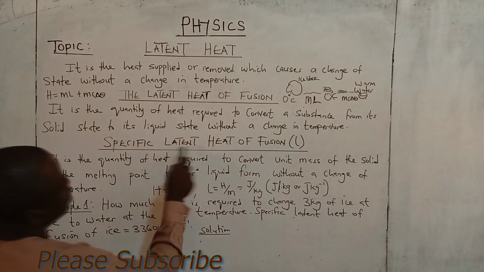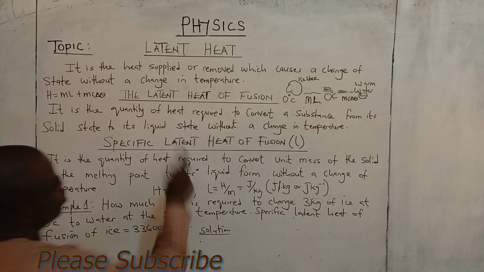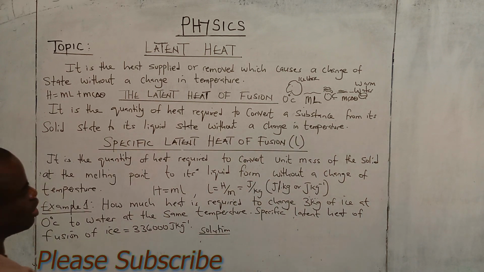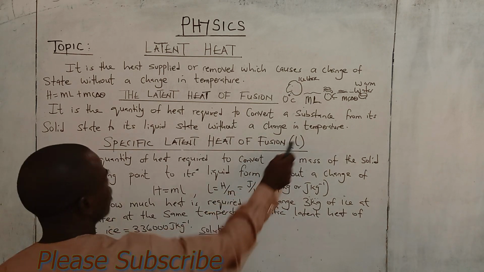Now, what is the specific latent heat of fusion? You see that when we defined the latent heat, we didn't mention unit mass. Under specific latent heat of fusion, we use small letter l to represent it.